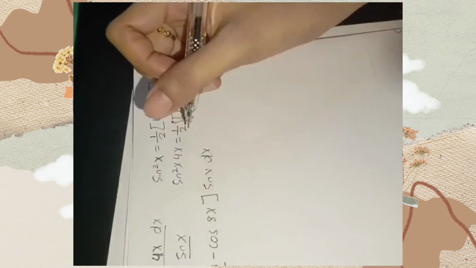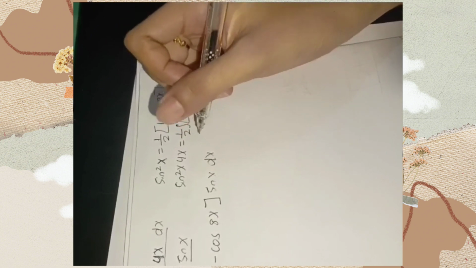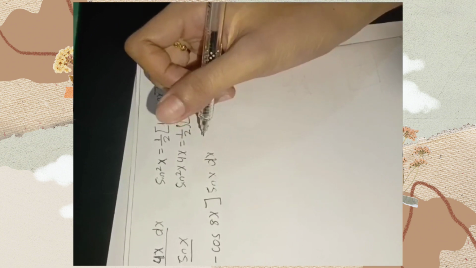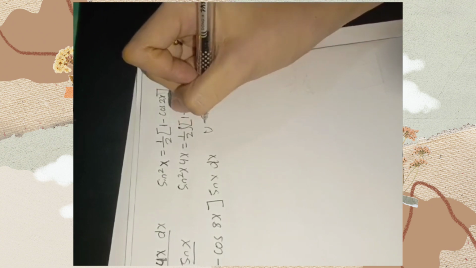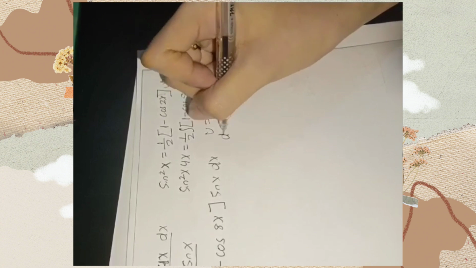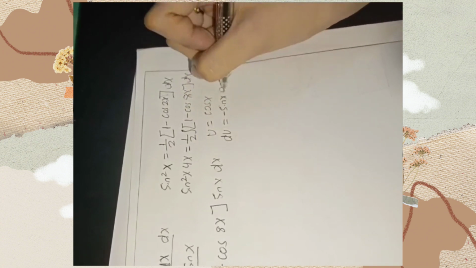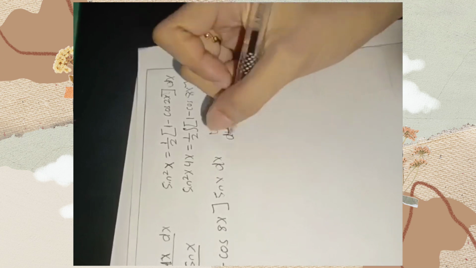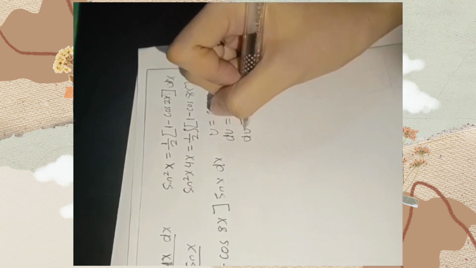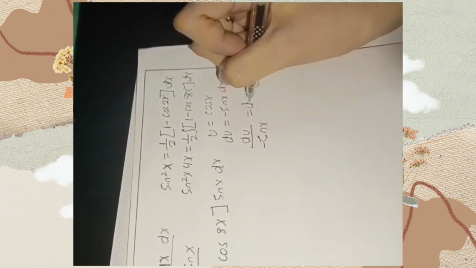So our u will be cosine, and we all know that the derivative of cosine is negative sine. So u is equal to cosine x, and our du, the derivative of cosine, is negative sine x dx. And our dx is equal to du all over negative sine x.